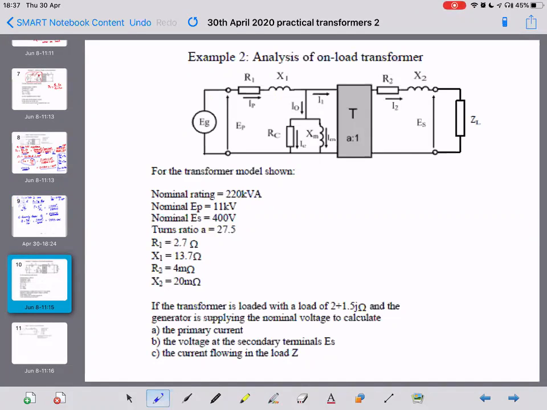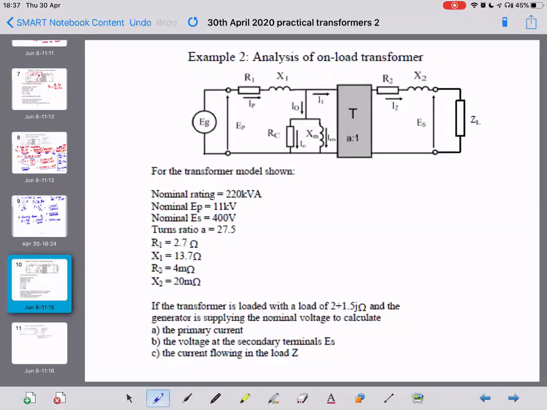EP 11 kV, ES 400 volts. Turn ratio is 27.5. R1 2.7 ohms, X1 13.7 ohms, R2 4 milliohms, X2 20 milliohms. So you've got all the values you need there.